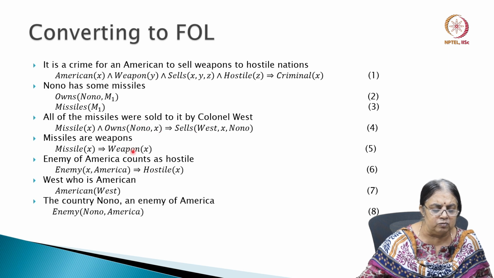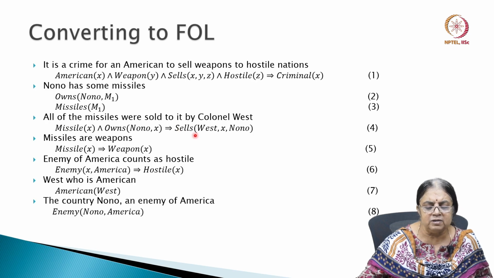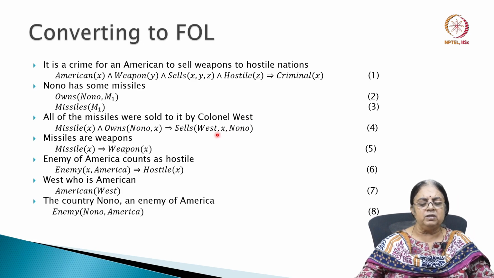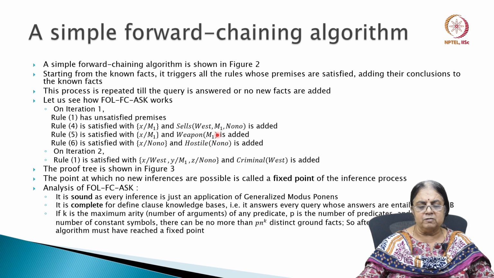Is this true? Owns(Nono, M1), we know that that is true. So the left side is true over here. So we can infer Sells(West, M1, Nono), and you can put it into your knowledge base.